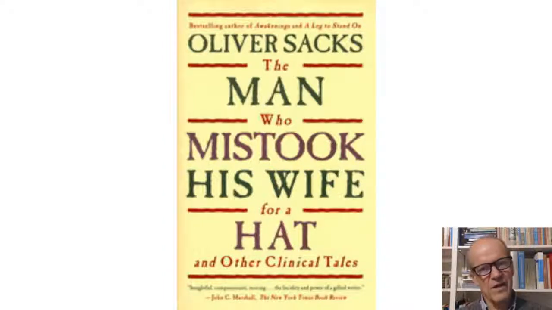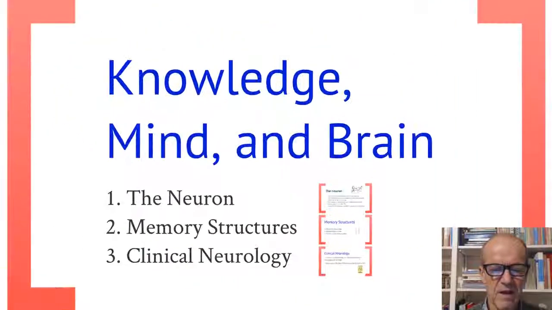Well, this is, I think, a good example of the way our knowledge of the biological substrate and our knowledge of the functioning of the human information processing system can be combined in order to help people and to understand people in both.